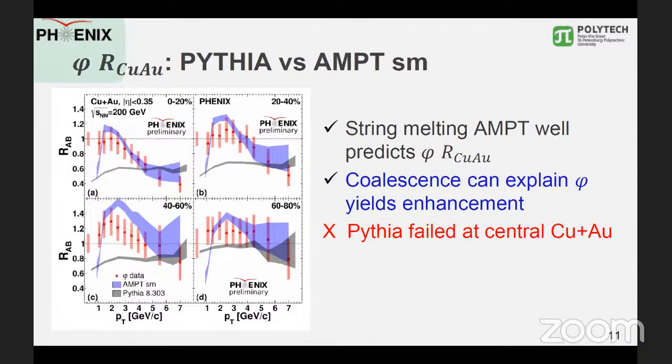As one can see, the string melting model AMPT, presented with blue color, well predicts nuclear modification factors of phi meson in copper-gold collisions, and so coalescence can be responsible for phi meson yield enhancement in central collisions. At the same time, PYTHIA 8 underestimates experimental data and fails at central copper-gold collisions.